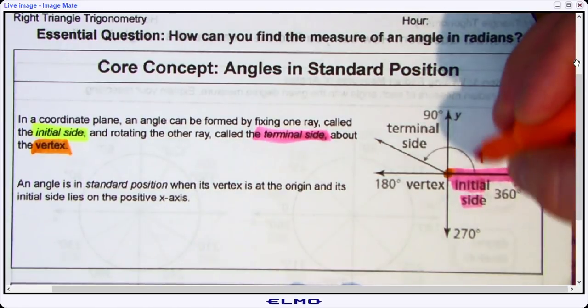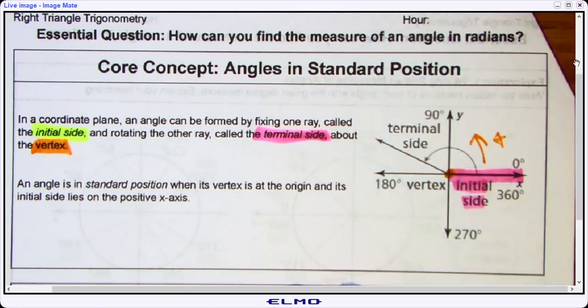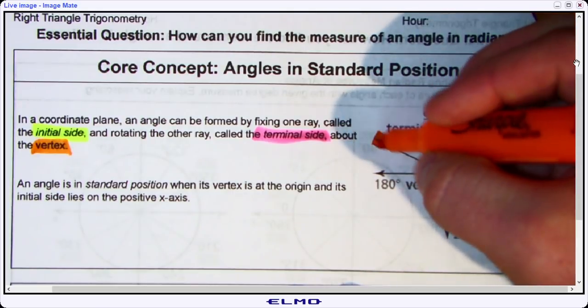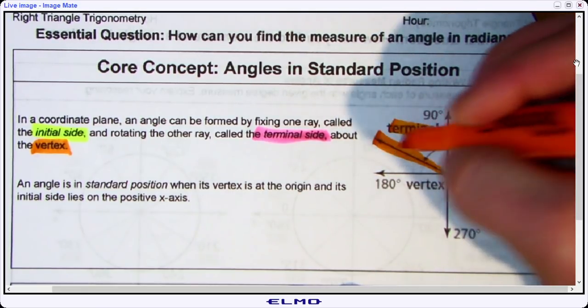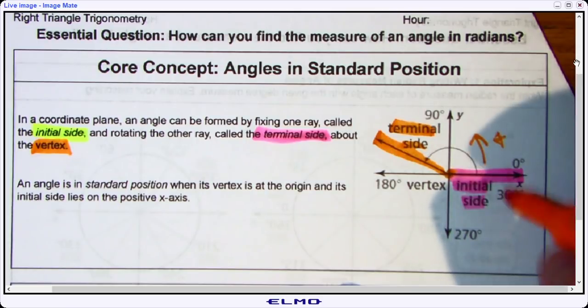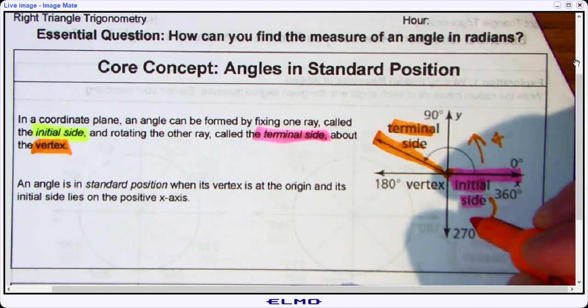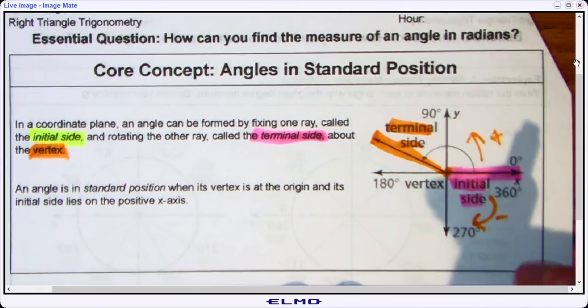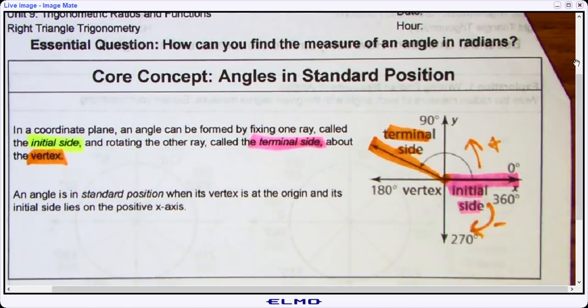So this way would be positive to our terminal side right here. And then if we were going to rotate in the negative direction, we would still start here right along the x-axis, but we'd rotate the opposite direction. So hopefully that's pretty clear.